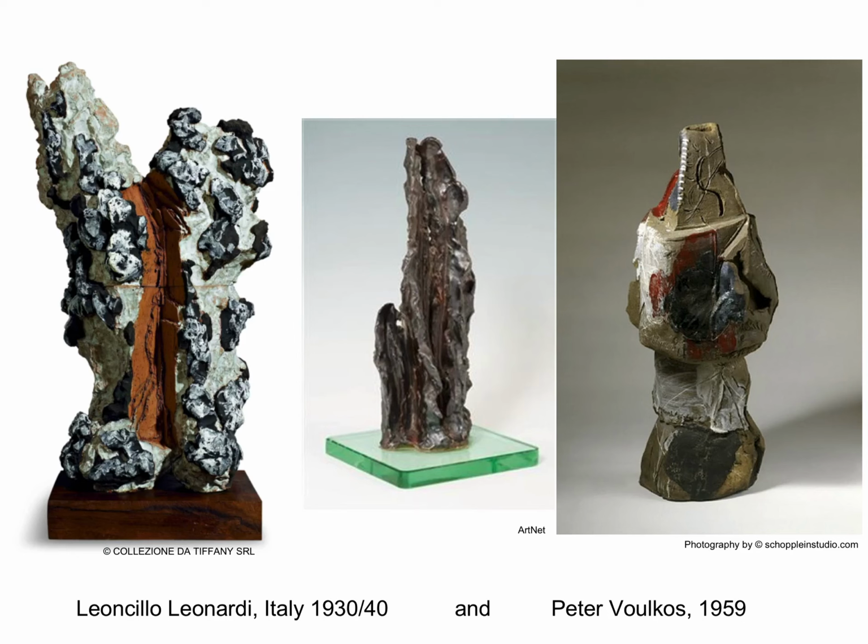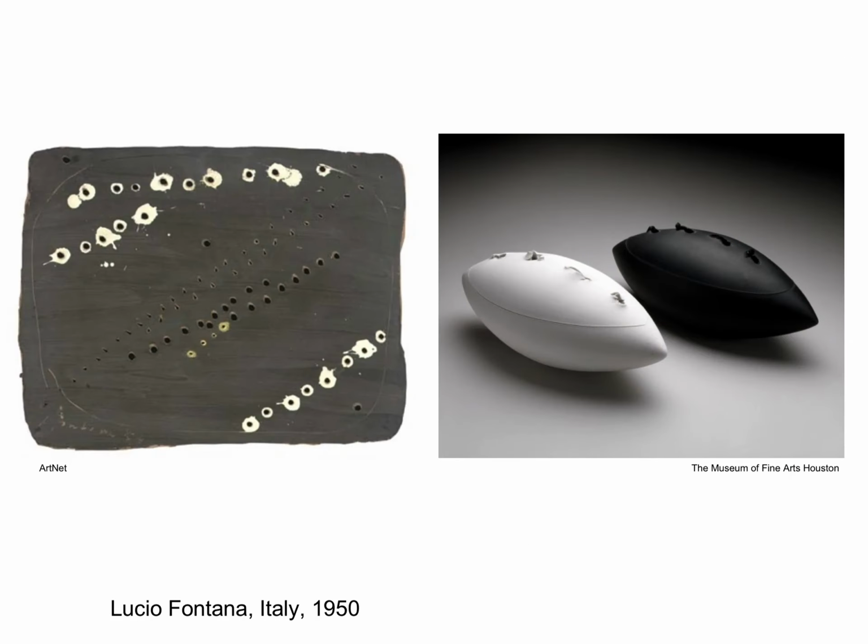In Italy, in the 1930s and 40s, we have Leoncillo Leonardi, who made work of great physical presence and transformed by process in a very exciting way, where the materiality and physicality of the form is very exciting. And this was extremely influential on somebody like Peter Voulkos, working in the United States starting in the 1950s.